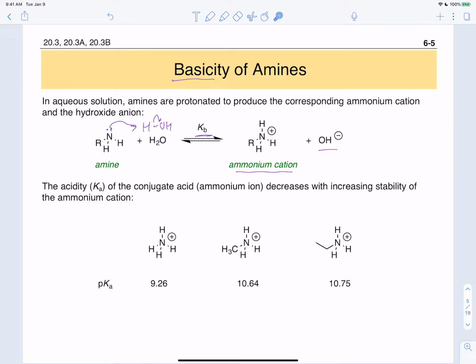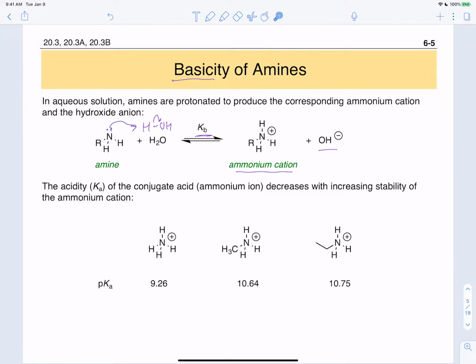This is frequently confusing, I think, in the literature and sometimes in textbooks, where someone might say the pKa of ammonia is 9.3, when really they mean the pKa of its conjugate acid. But this also gives us information about the basicity of the parent amine, because the acidity of a conjugate acid essentially will decrease with the ability to stabilize the ammonium cation.